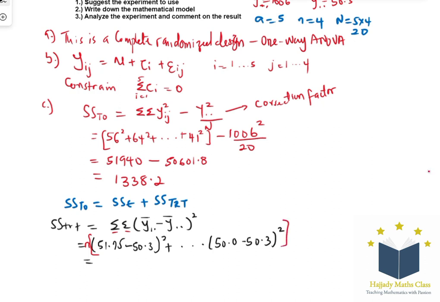And don't forget, the value of my n is 4. So multiplying this with the sum in the parentheses, which is 3.925, that is the sum of the parentheses, this gives 15.7. So that is my SS treatment.